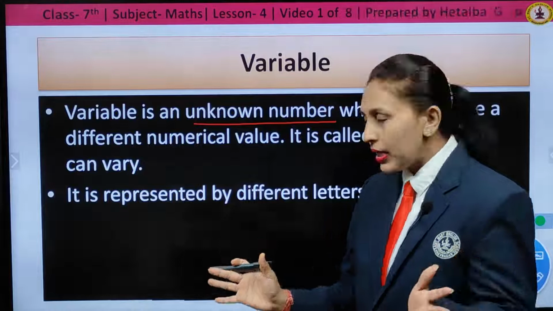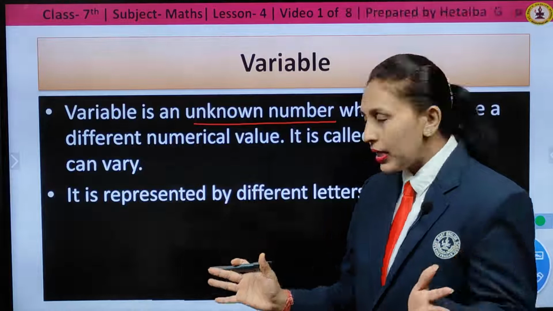LHS of the equation is equal to RHS of the equation. That is, as I told you, the left hand side and the right hand side values are equal. Third, an expression does not have an equality sign, but an equation always has an equality sign. Children, I told you, we take an expression suppose as 2x plus 3.